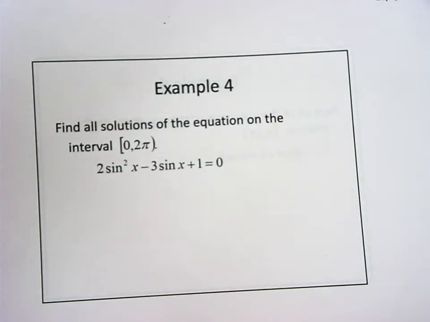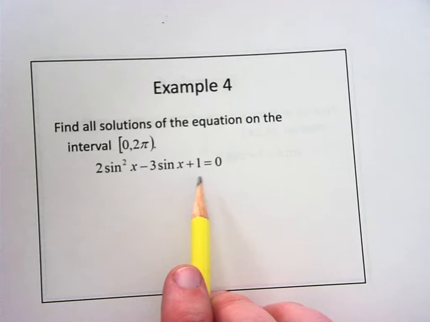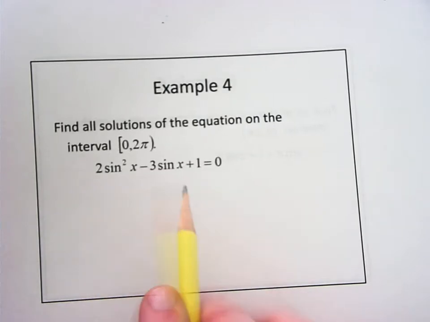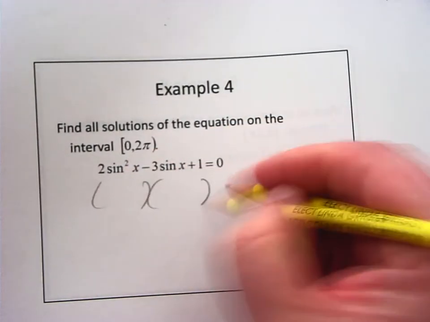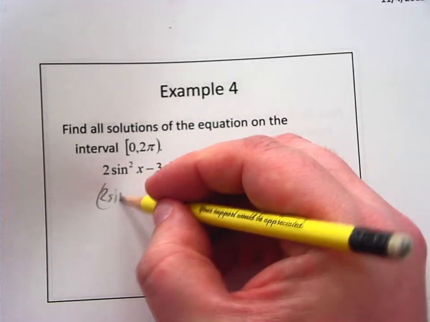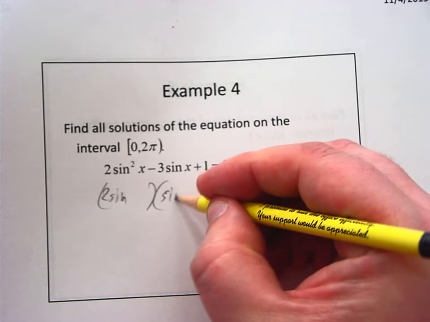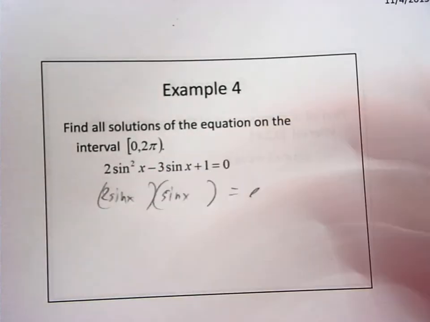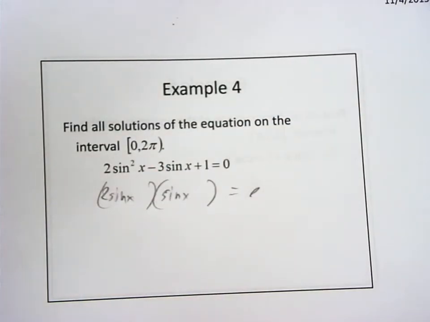For this one, what would I do? I can't because of the 1. Factor. Yeah, this is just a straight quadratic trinomial, so I'm going to factor into 2 binomials. So you have 2 sine and sine to multiply to give you 2 sine squared x. What is going to be true about your signs?